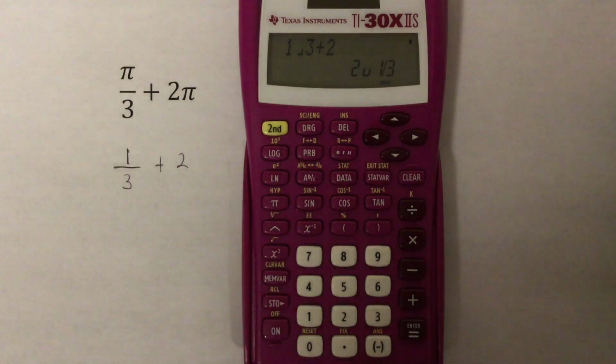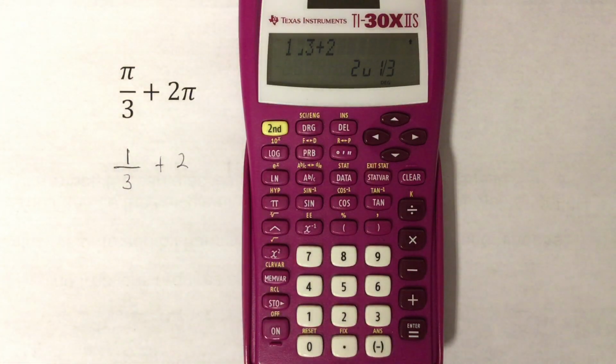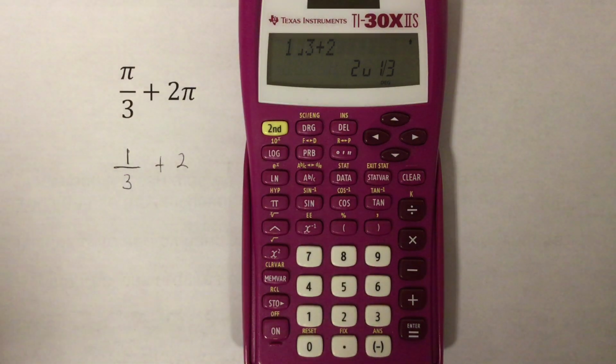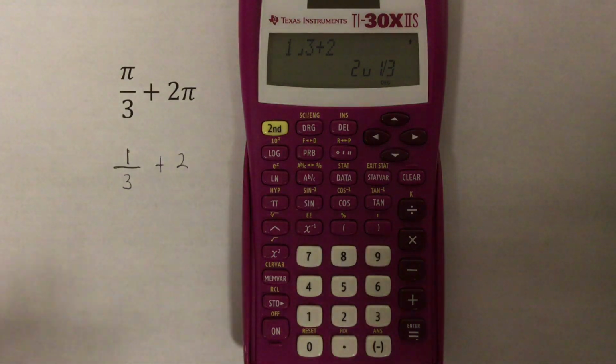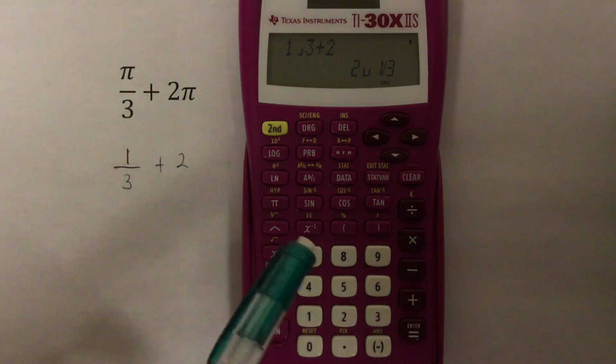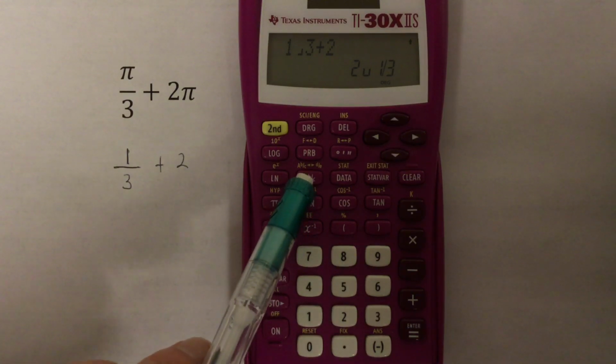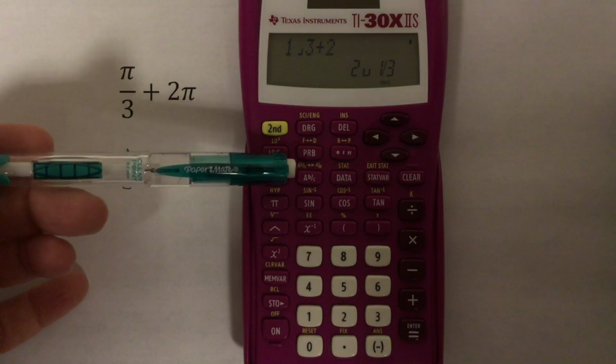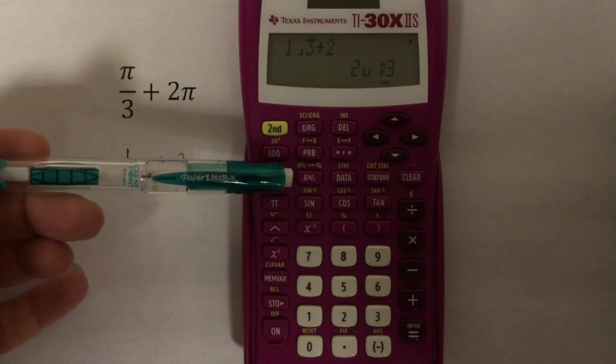And when you hit equal, now this is more than 1, so it gives it to you first as a mixed number, and you have to know that that should be converted to an improper fraction. And you can do that yourself, or you can have the calculator do it. You remember this from section 3.1 by using the mixed number to improper fraction function right here. It's the second function of your fraction button.